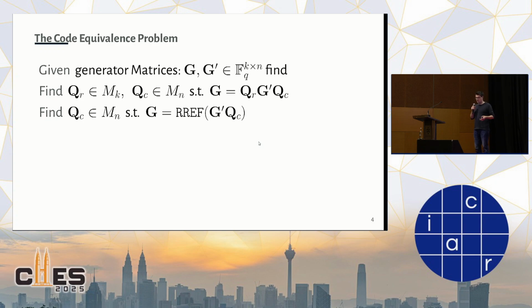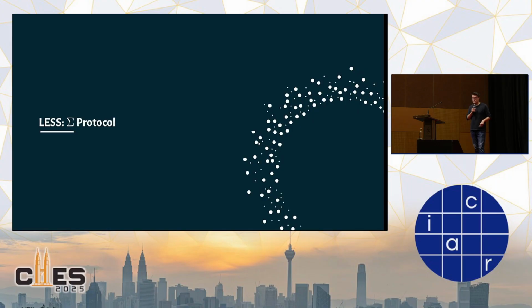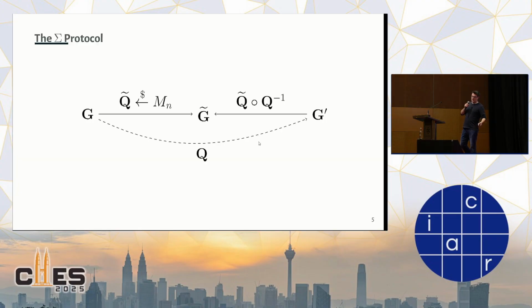It has attracted quite some cryptanalysis, so it's a perfect candidate to be used within a Sigma protocol. And the Sigma protocol looks like this. You have again your two generator matrices, G and G prime, which are, by the way, in systematic form. And you have a secret relation Q among them. Now, the prover samples a random Q tilde and applies it to G to obtain G tilde.